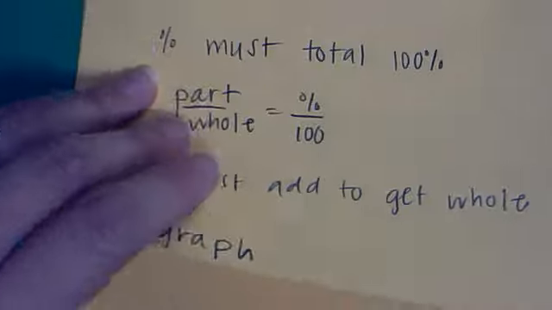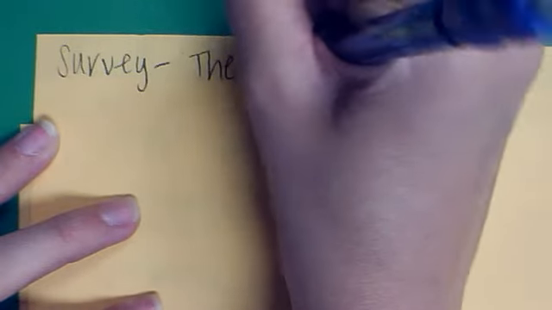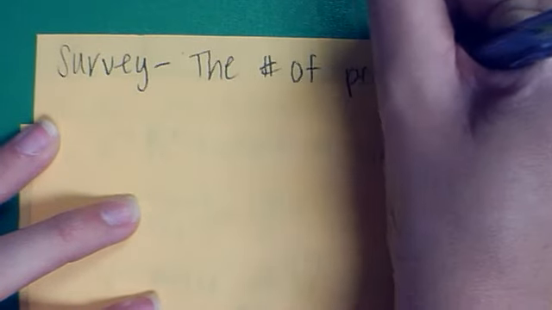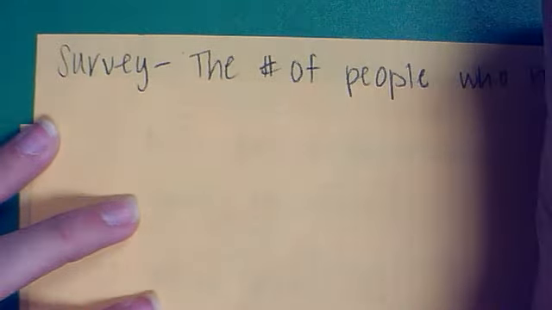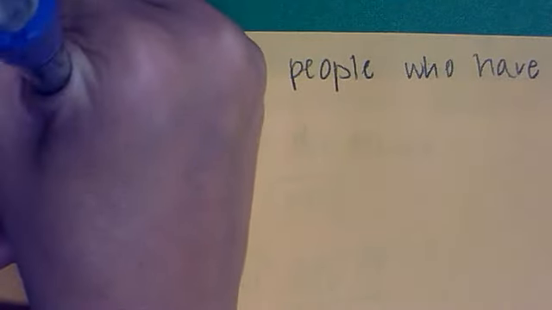Okay, let's look at some examples here. If we did a survey of who has some pets, so the number of people who have a certain kind of pet.